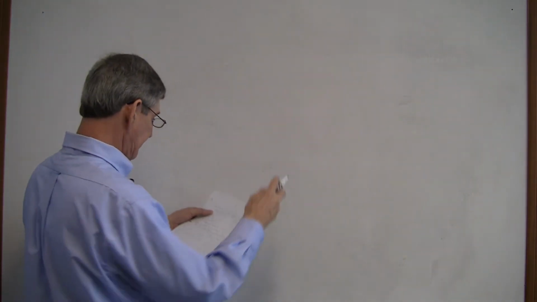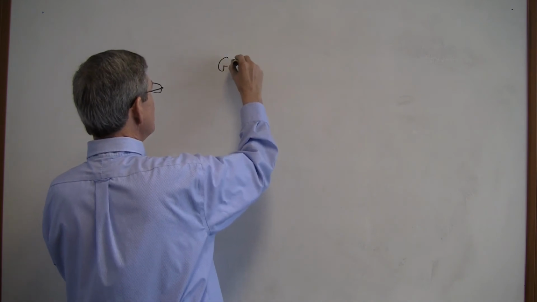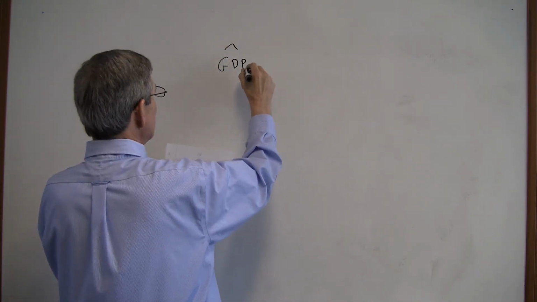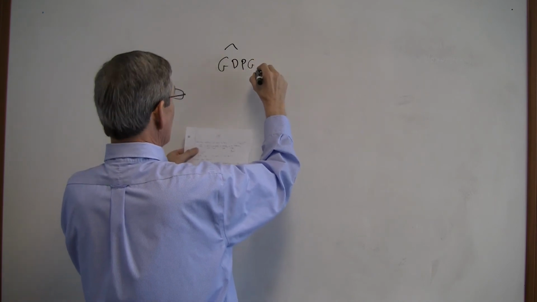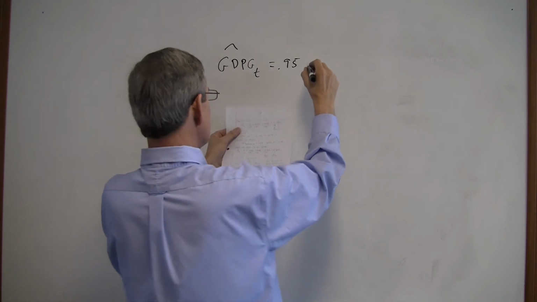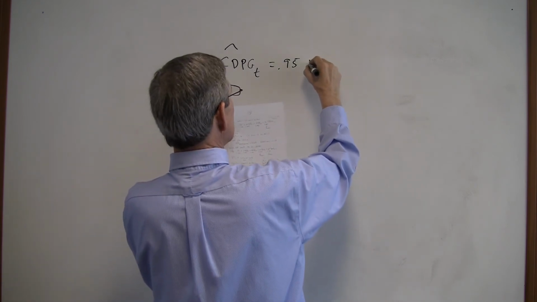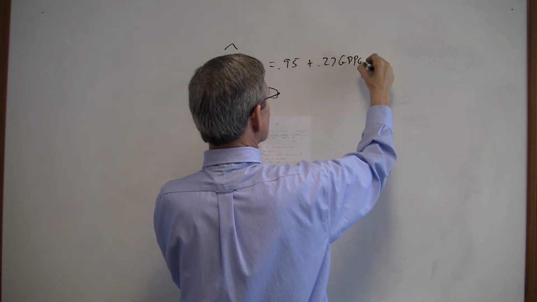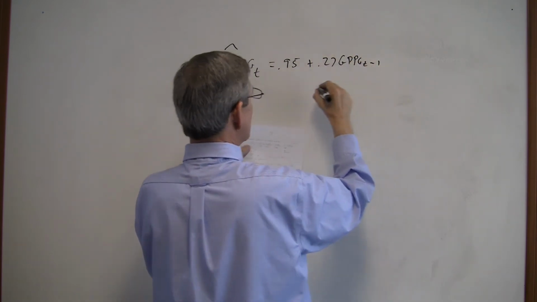And you'll get GDP hat. Now I'm back to GDP. GDP growth hat is 0.95. Probably never should have switched to Y in the first place. Plus 0.27 GDP growth at t minus 1.